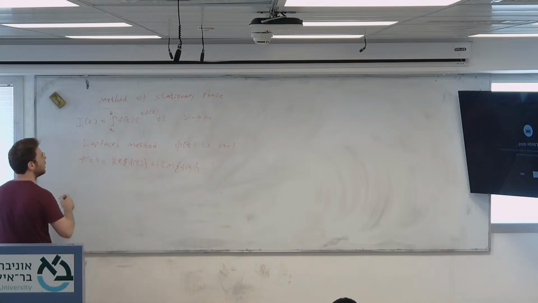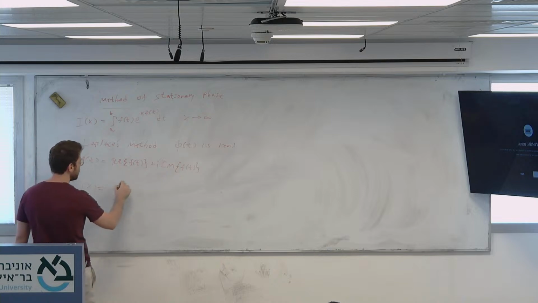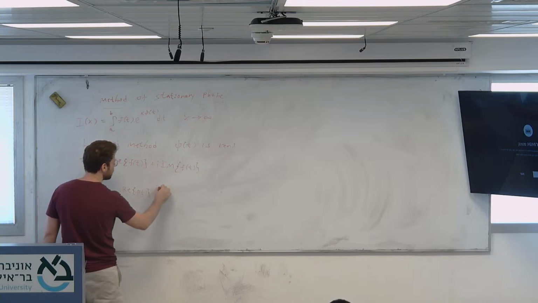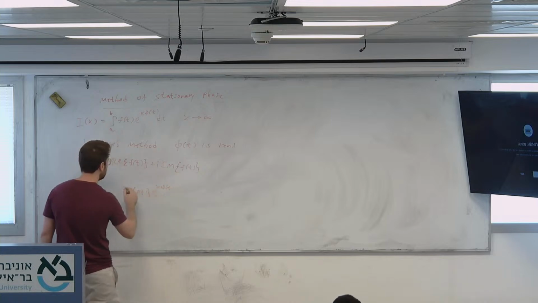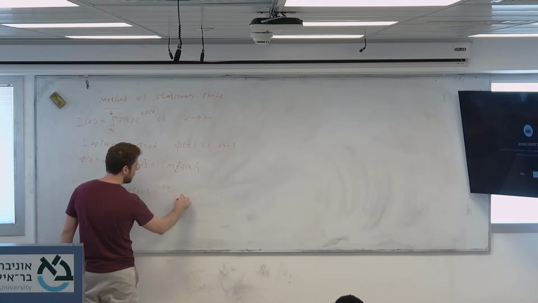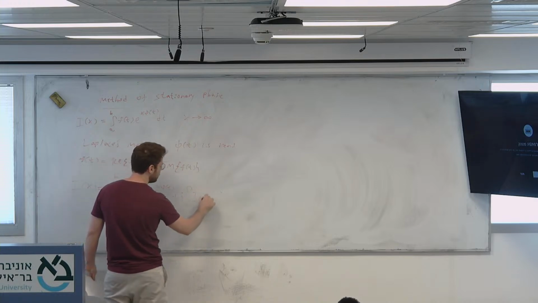You can just split it apart. Then you can do the Laplace method pretty simply, right? We'll have here the real part e to the x phi of t. You can take the i outside, and the imaginary part is also real.